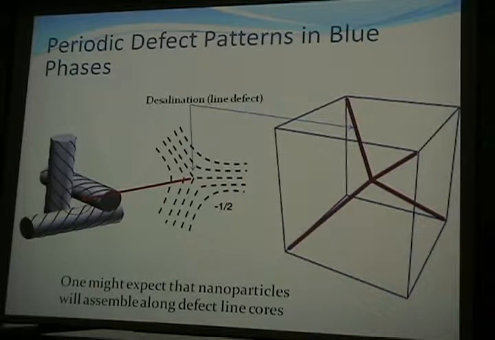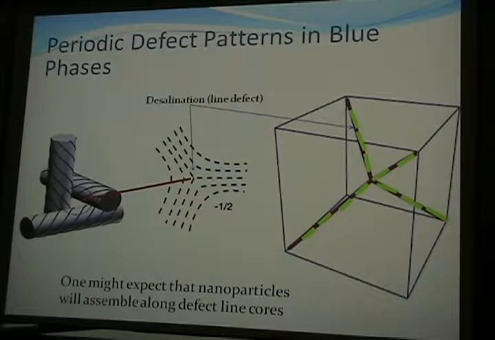So one might expect that these nanoparticles in here, and now I'm using nanorods, will go to these disclination cores, or these disclination lines. So here I'm trying to animate them, self-assembling into the disclinations. There we go, there's 12 of them.